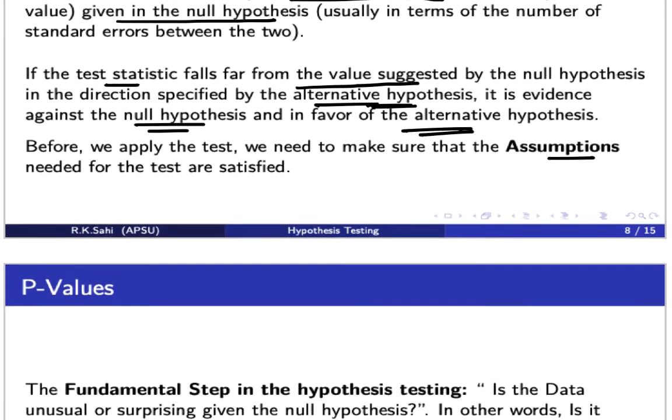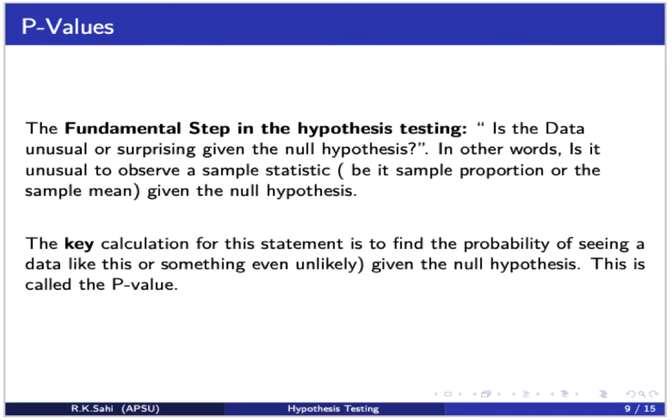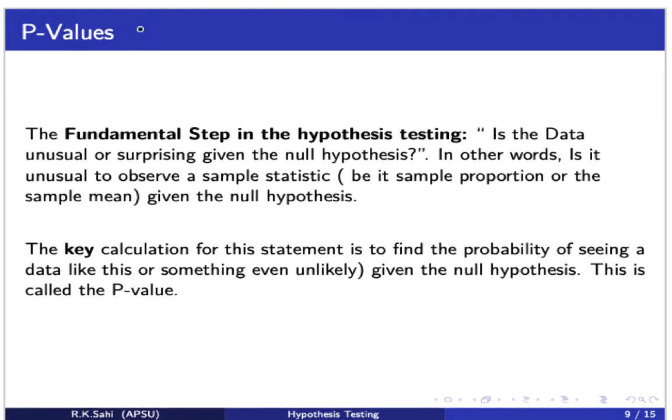Okay, what is a fundamental step? This is a key part, guys. The p-value is the key part for us. A very fundamental step in hypothesis testing is, if I take a sample and I get a very unusual answer, given my null hypothesis, that is going to start to make me think. Remember, if we get answers which are the usual normal answers, we say, oh, nothing is wrong, everything's fine.